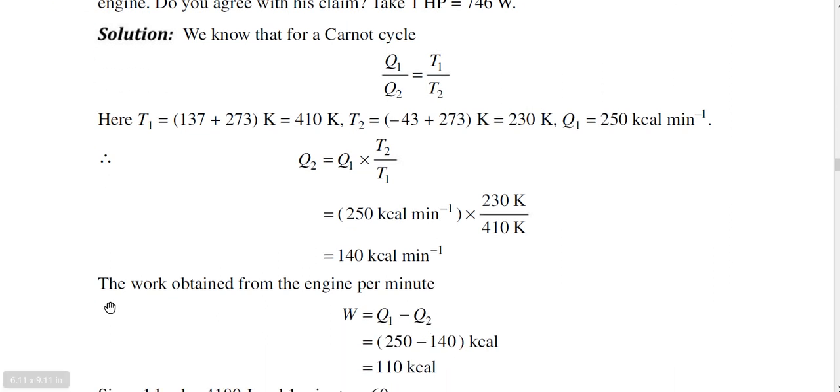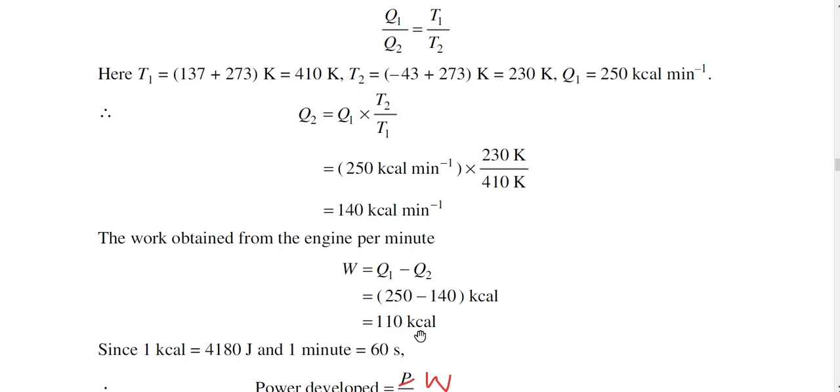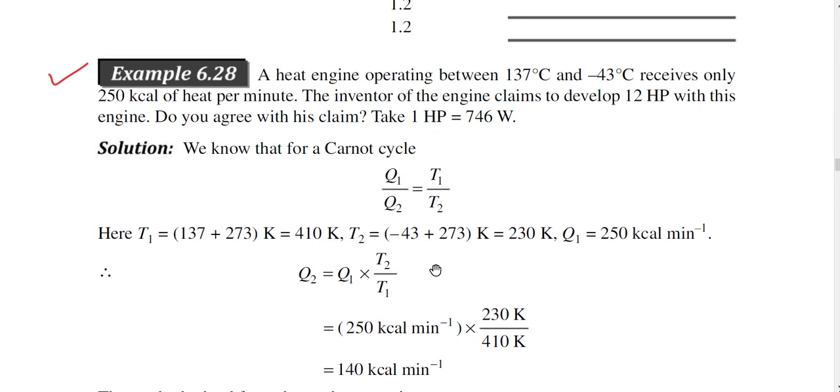Now, the work obtained from the engine, you can again calculate, because this is the value of Q2. So, work obtained should be W is equal to Q1 minus Q2. So, this is 110 kilocalorie. This is the work obtained from the engine per minute, because this particular unit is given as 250 kilocalorie of heat per minute.